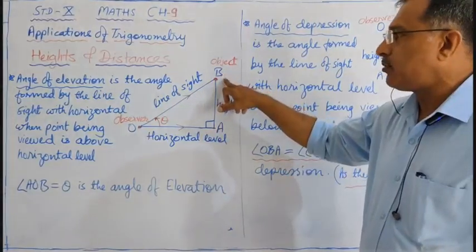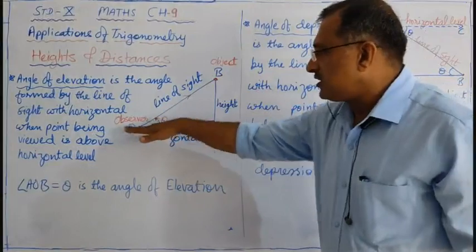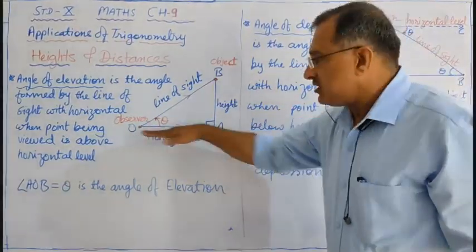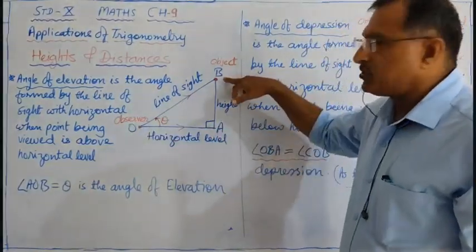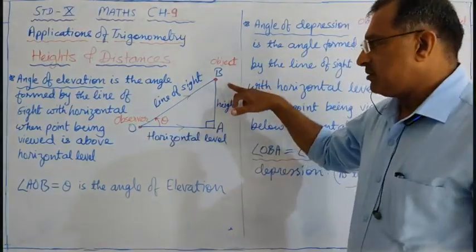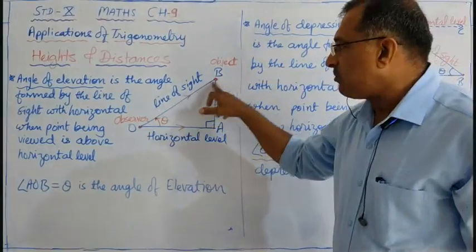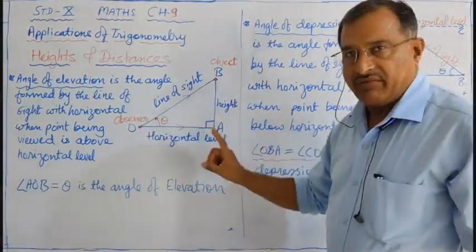You are observing the top of the tower from this point, and where you are standing is the horizontal level. You are observing a point that is above the horizontal level. So the angle formed between the line of sight and the horizontal is called the angle of elevation.